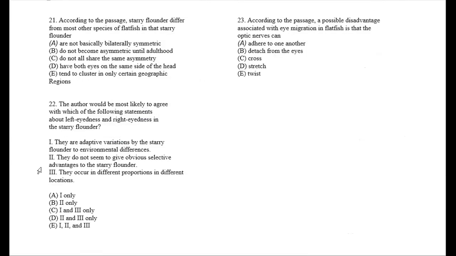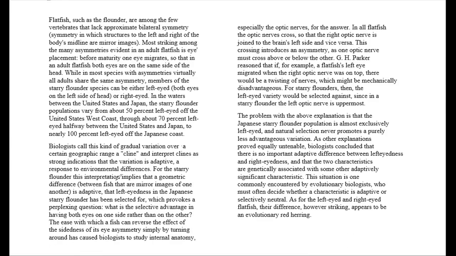Okay, let's look at the second statement. They do not seem to give obvious selective advantages to the starry flounder. This is true because we read that the biologists were asking this question, right? What is the selective advantage in having both eyes on one side rather than on the other? And then in the conclusion, the biologists concluded that there's no adaptive difference and that the two characteristics are genetically associated with some other adaptively significant characteristic.